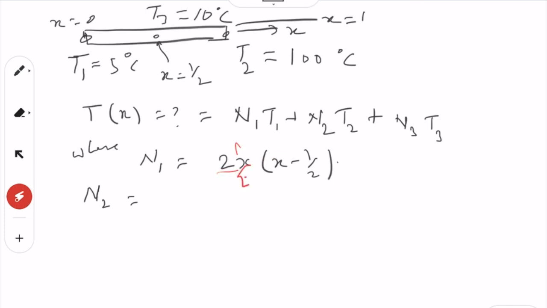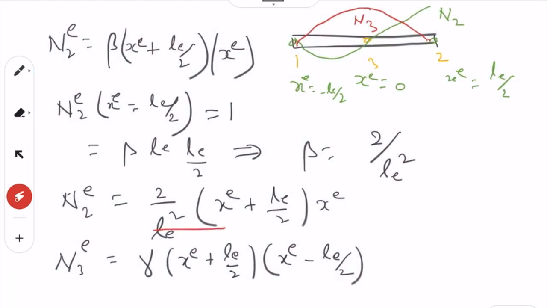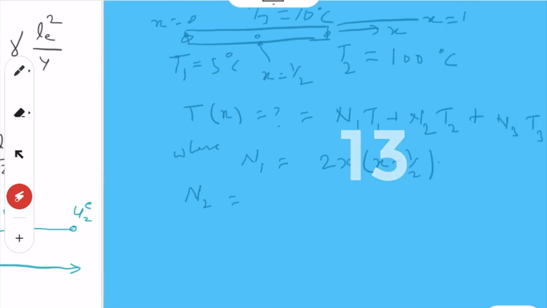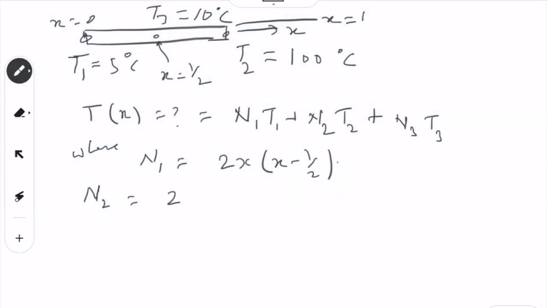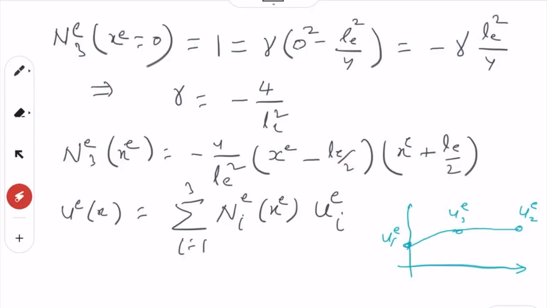So N2 was 2x times (x plus half), and N3 is equal to minus 4, since le is 1, times (x minus half)(x plus half), so x square minus 1/4.